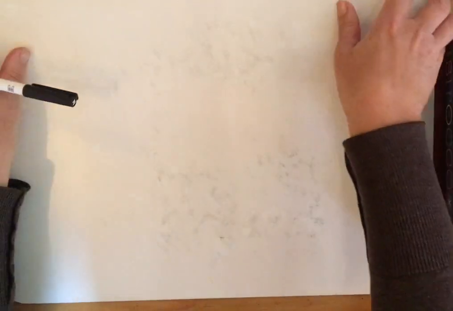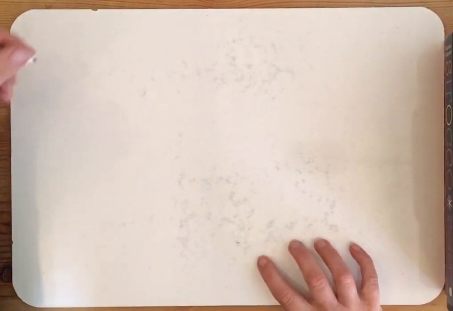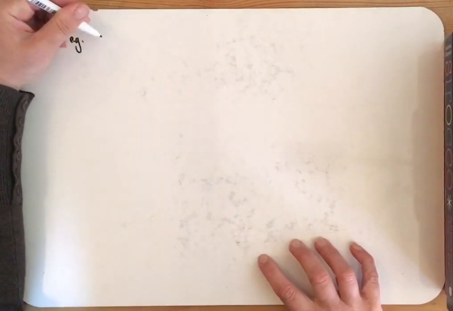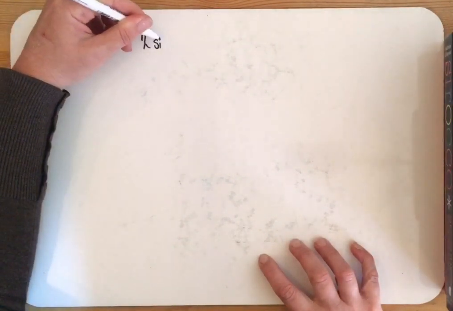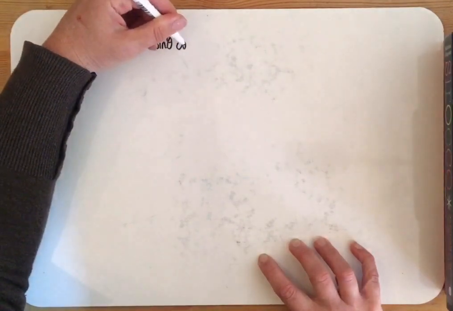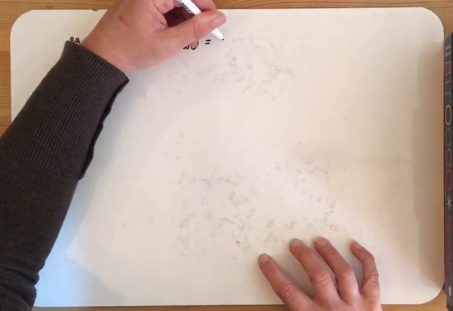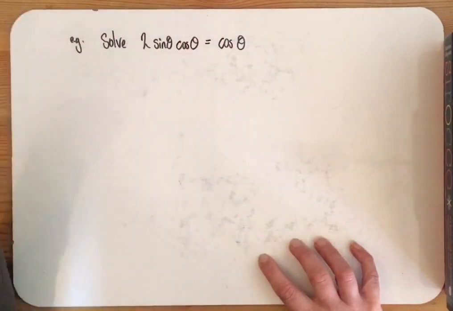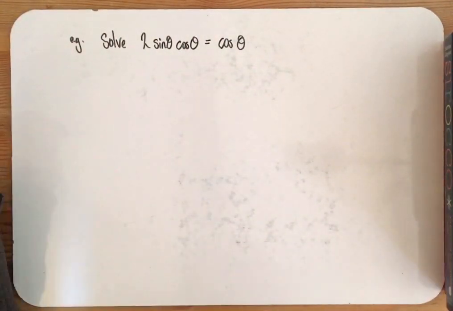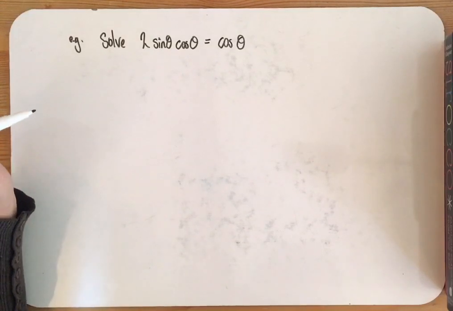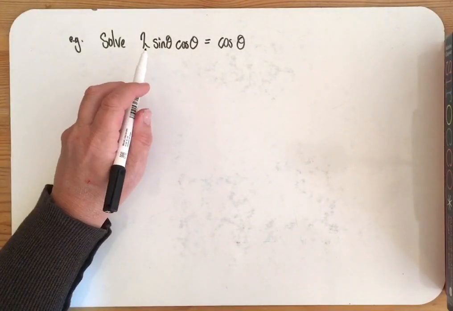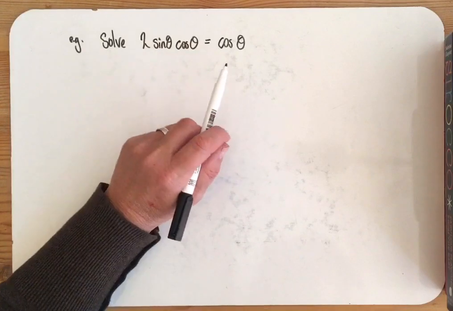So for example, solve 2 sine theta cos theta equals sine theta.